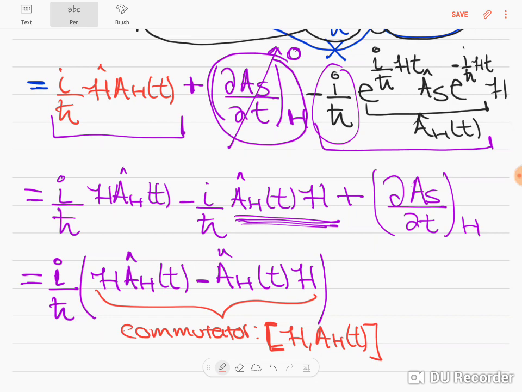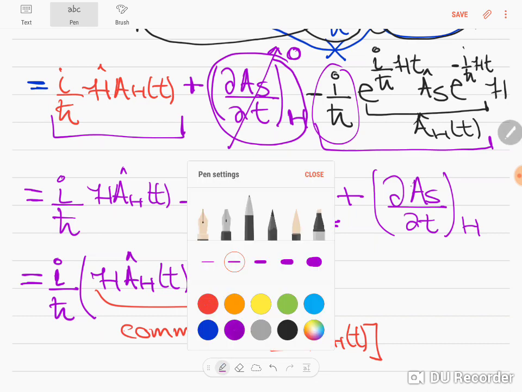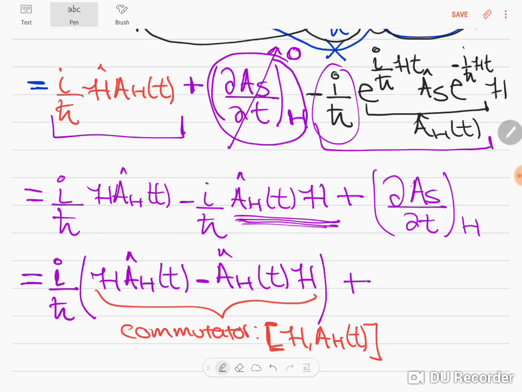There are ways to calculate it, and depending on the Hamiltonian it's harder or easier, but we should always be familiar with it. Very important. And then, right here, plus the term that we said is less important, which is the time derivative of the operator in the Schrödinger picture, but written in the Heisenberg representation.